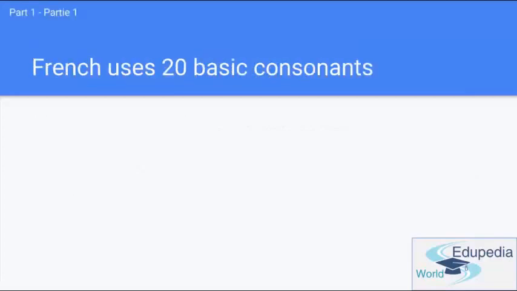As we saw before, in the French alphabet we have 26 letters, and out of these 26 letters we have 20 basic consonants. As a reminder, here are the 20 consonants in French.